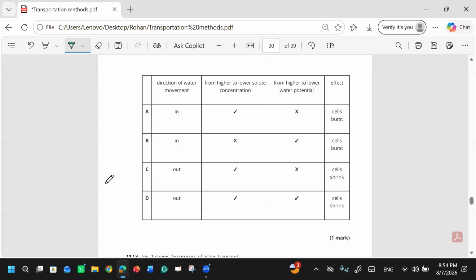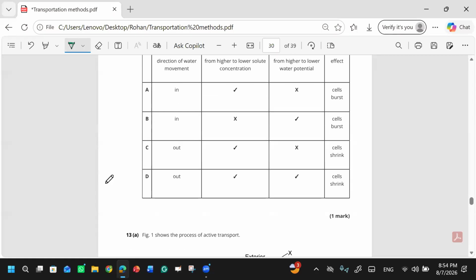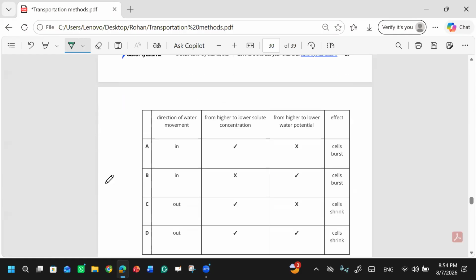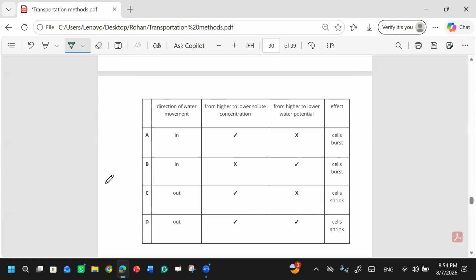Before it gets observed under a microscope, I think it's going to be A, because the direction of water will go inside.